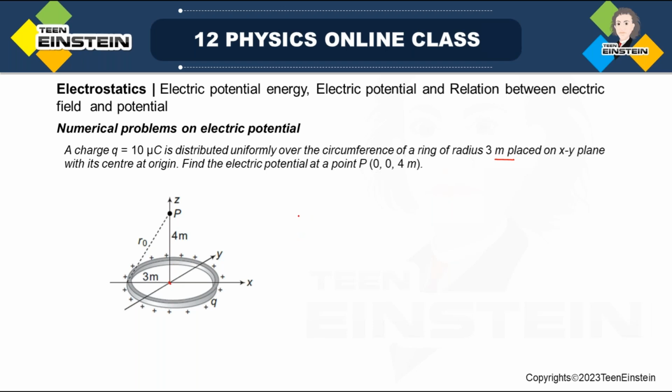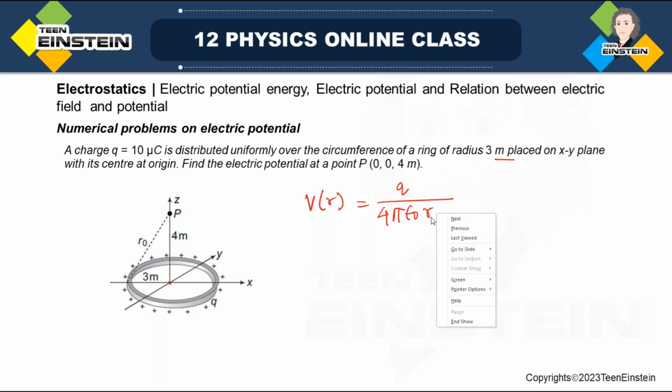So how do you calculate that? We have already seen this is q by 4 pi epsilon naught r0.